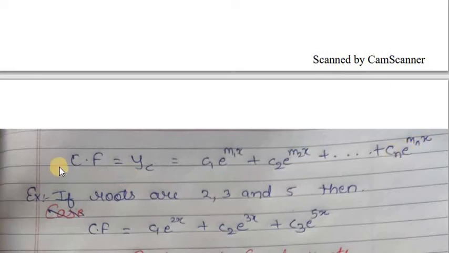Okay, for example, if the roots are say 2, 3 and 5, then what will be the CF in this case? CF will be c1 e^(2x) + c2 e^(3x) + c3 e^(5x).